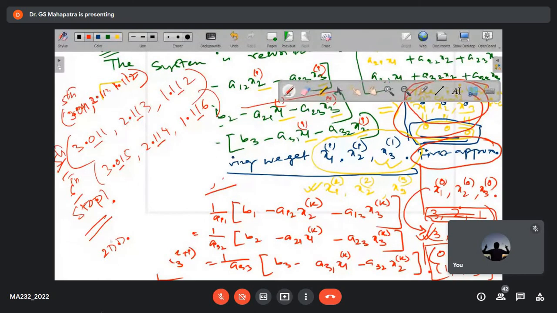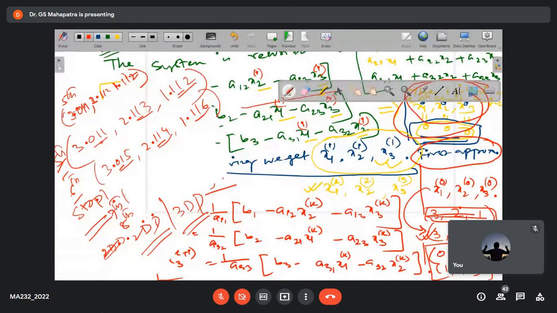Now if it is 3 decimal places, then you can't stop here. You just check 3. It's not matching up to 3 decimal places. So you have to check for the 7th iteration. You have to go for the 7th, 8th, and so on till you are getting the same answer up to 3 decimal places.